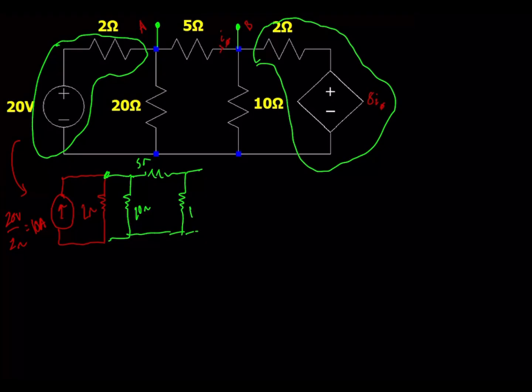And then for this dependent voltage source on the right with a value of 8i, we can use the same principle here. We can just say that it is in parallel with the resistor. That's 2 ohms, the same resistance value, but this time we'll have a dependent current source. Here, like we changed it to an independent current source because it was an independent voltage source, this time we'll do the same, but they're dependent sources.